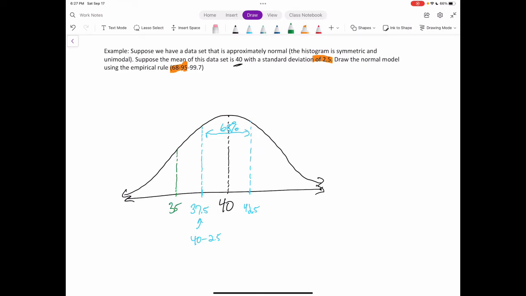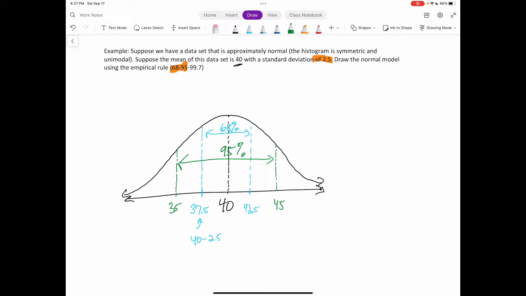And in the same fashion, if I take 42.5 and add another standard deviation of 2.5, I get 45. So now between those two green lines, I'm going to have 95% of my data.